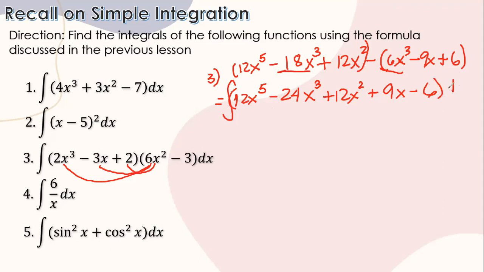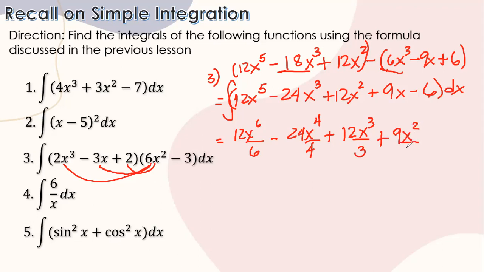We have already expanded our function, so we can integrate it term by term. For our first term, 12x to the fifth becomes 12x to the 6 over 6, minus 24x to the fourth over 4, plus 12x cubed over 3, plus 9x squared over 2, minus 6x.